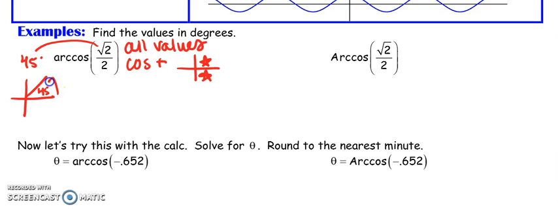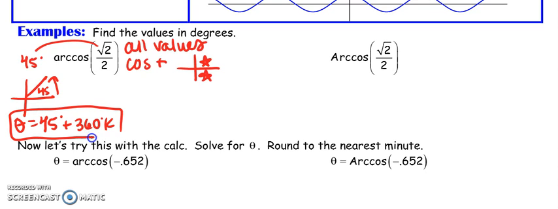If I'm at 45 degrees in quadrant 1, then literally it's 45 degrees plus 360 times however many rotations forwards or backwards. And then in quadrant 4, we're going to put that same 45 degrees.